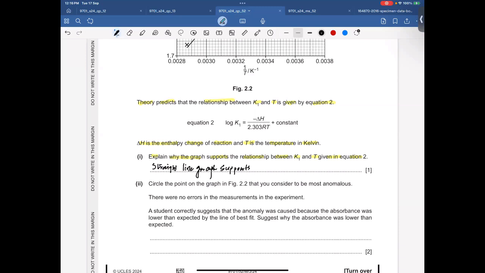The straight line graph supports that log K1 and 1 over T are proportional to each other.